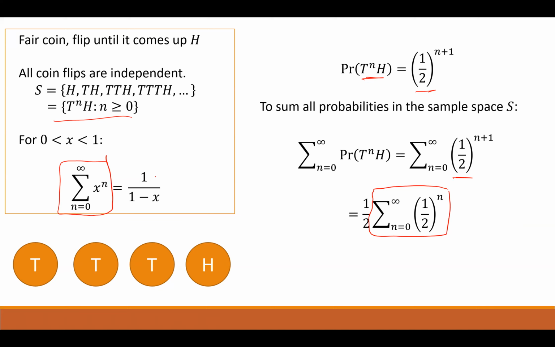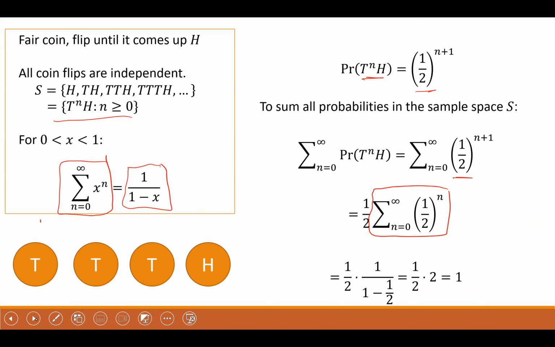So we can plug in our closed form. I get 1/2. This is my 1 over 1 minus x part. That gives us 2, the same as we got before. But now I have to multiply that by this 1/2.